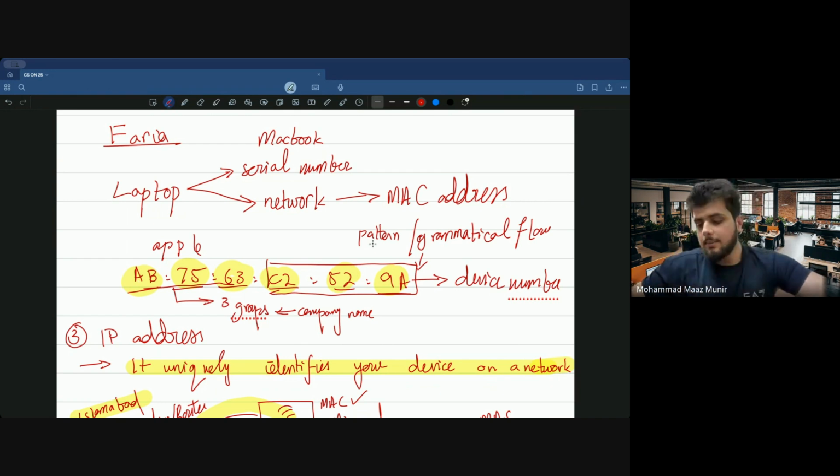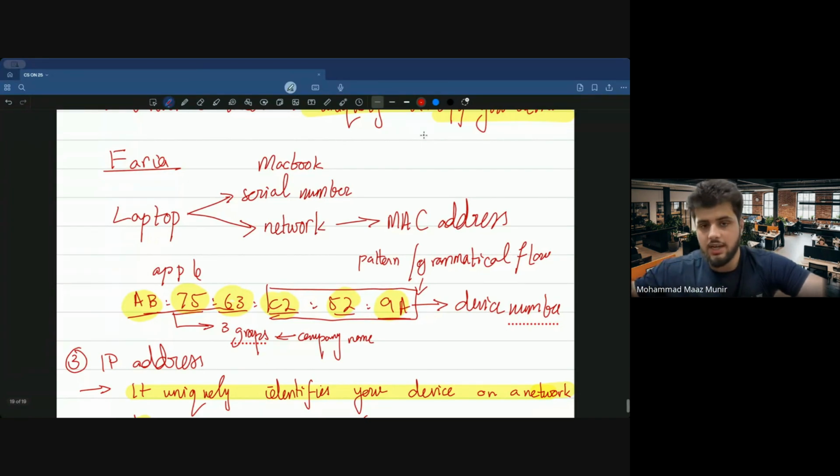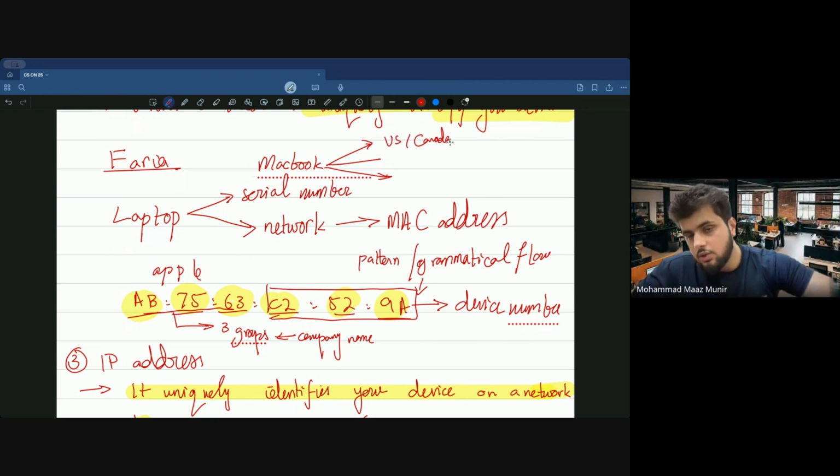Now in this, every region has a different device. Okay, extra information, again extra information. Let's say she got a MacBook. A MacBook will have different regions. You can have one for the US and Canada, one for South Asia, and you might have one for China.